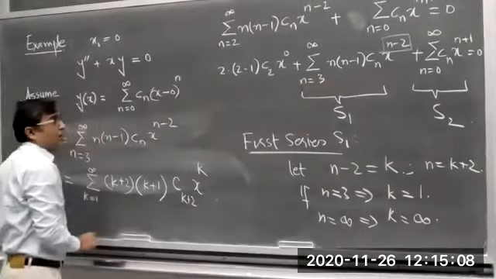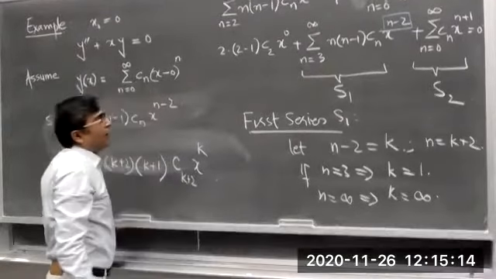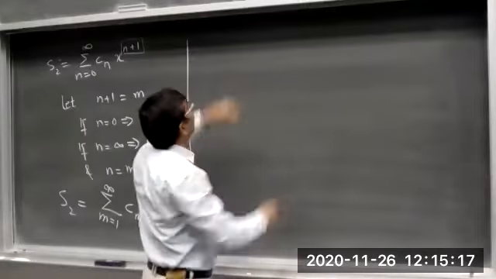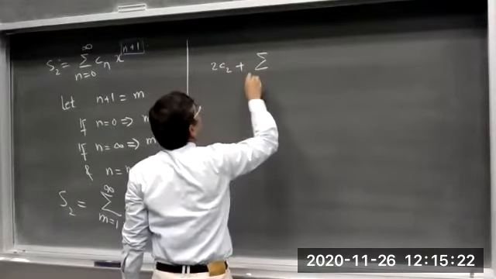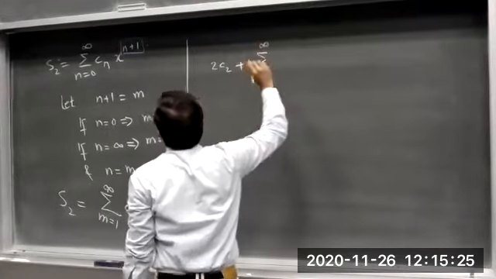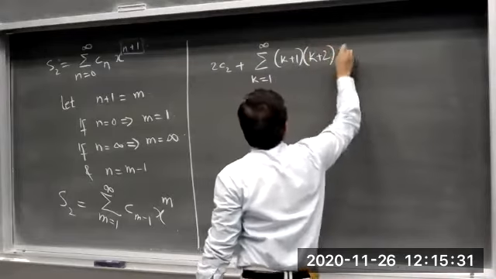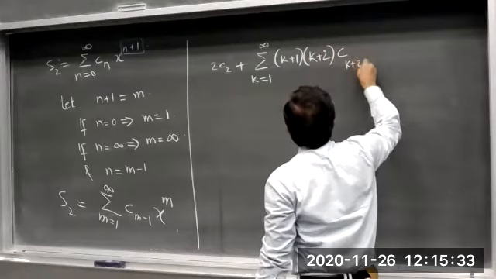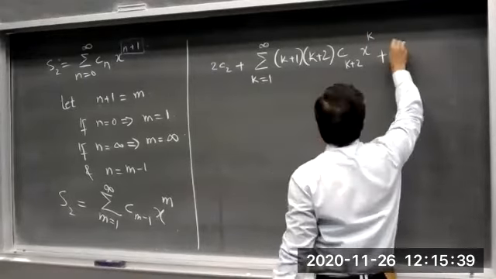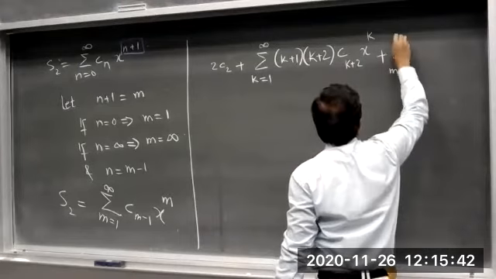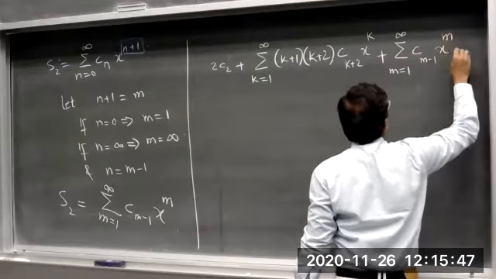If we use these two new transformed series here, we can write 2c2 plus summation k from 1 to infinity, k plus 1, k plus 2 times c k plus 2 x power k plus, now this one S2, summation m from 1 to infinity c m minus 1 x raised power m equal to 0.